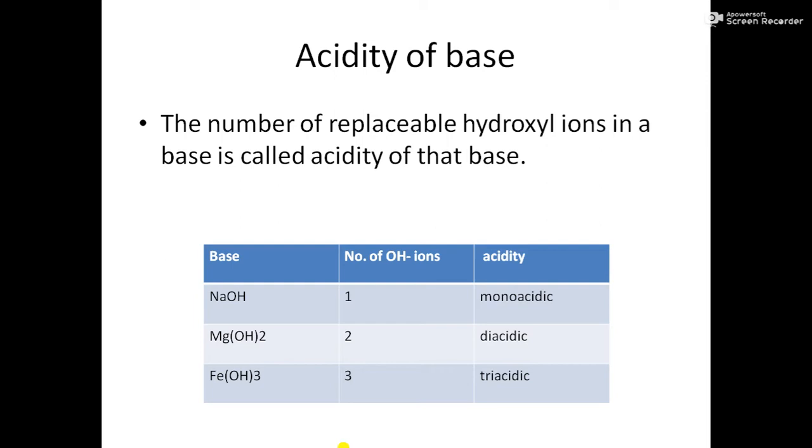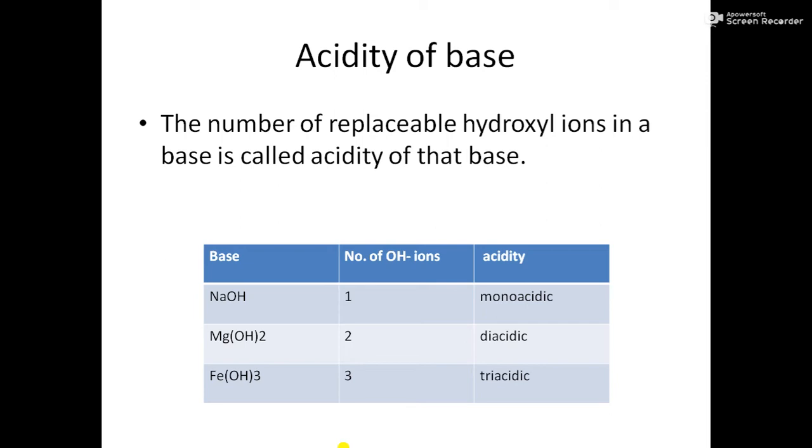In the first column we have the base, in the second the number of OH minus ions, and the third is acidity. The first one we have taken is sodium hydroxide. How many OH ions here? 1, so it is monoacidic. In the same way magnesium hydroxide: the number of OH ions here is 2, so it is diacidic.